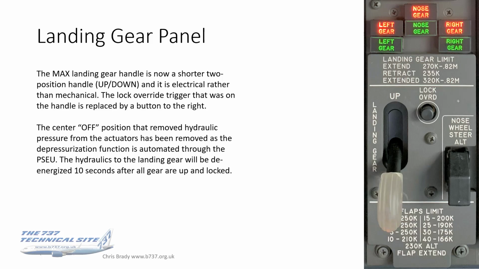If you've watched my PSEU video, you'll recall in there that I mentioned that the landing gear is one of the components which feeds into the PSEU. So the PSEU has the brains and the ability to automate functions as a result of this. So it will now automatically de-energize the hydraulics to the landing gear 10 seconds after all the gear are up and locked.